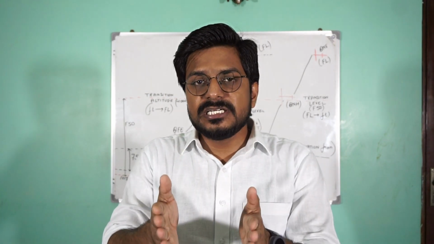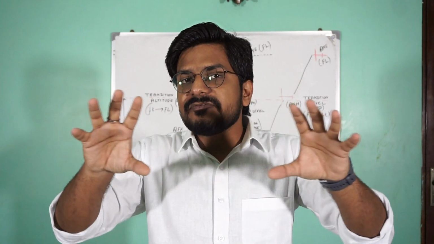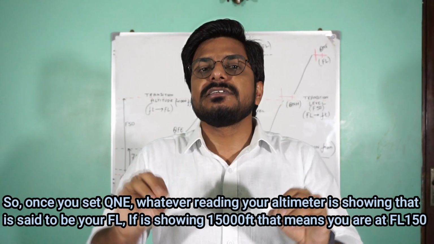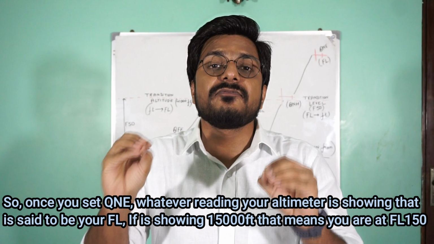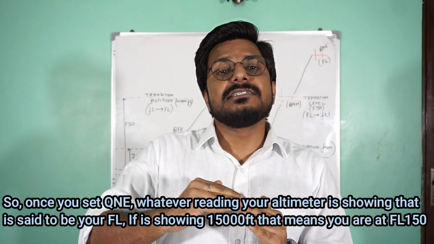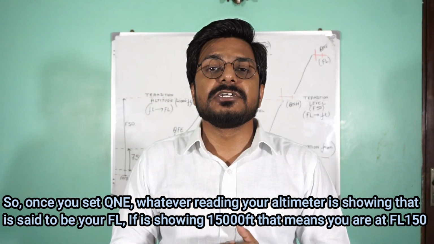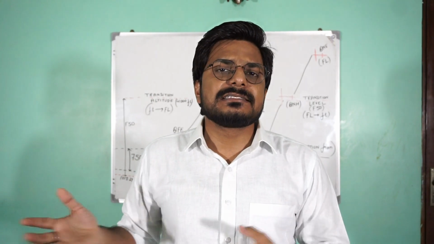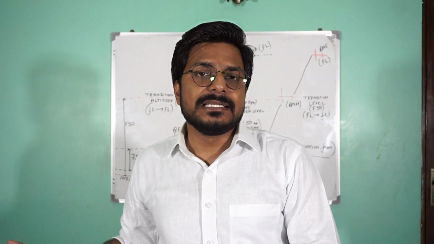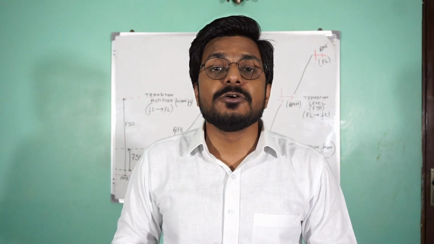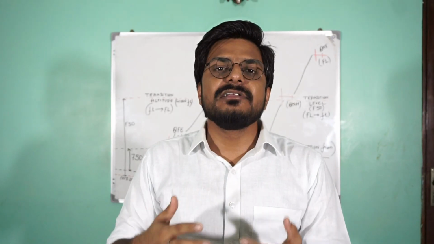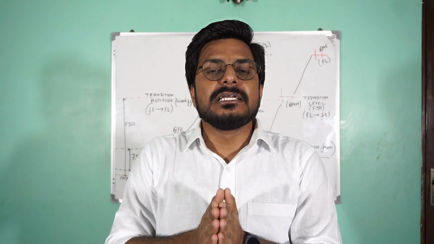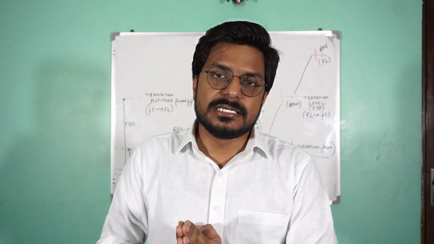Now your altimeter will start reading the altitude in terms of flight level. So after transition altitude, you will maintain the particular flight level assigned by ATC, or your cruise level. Flight level will be given in terms after crossing your transition altitude.